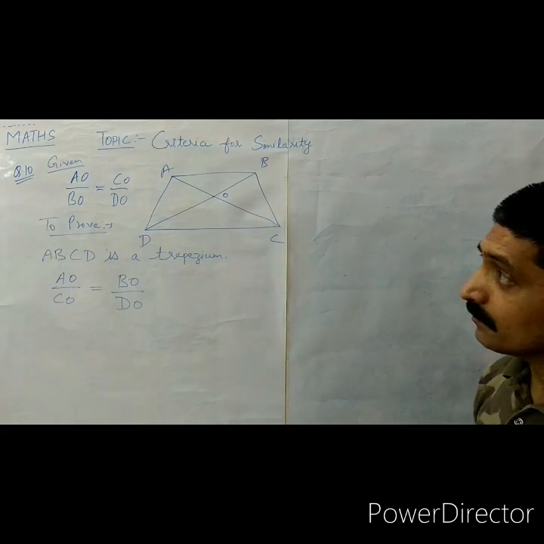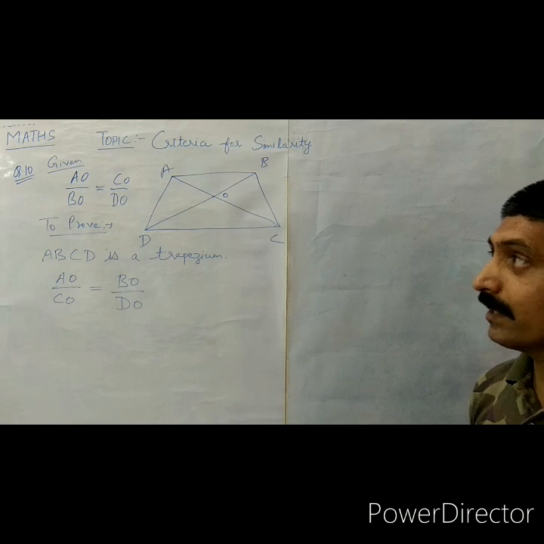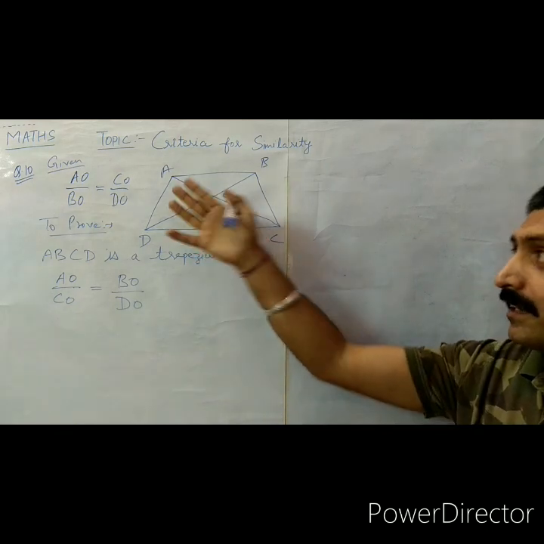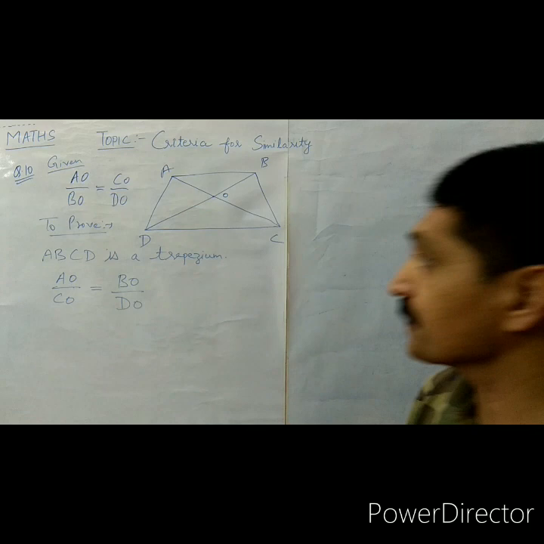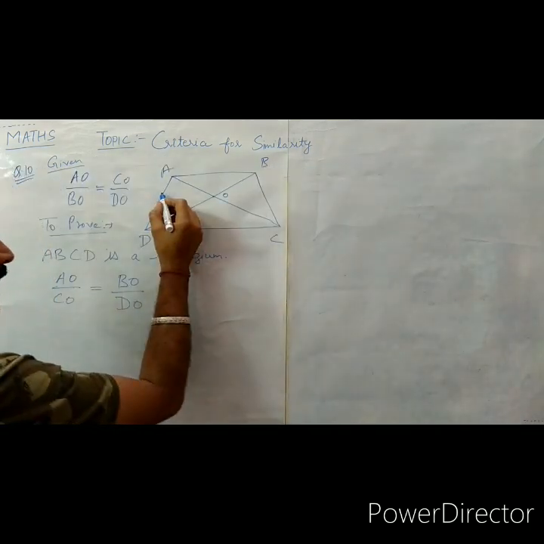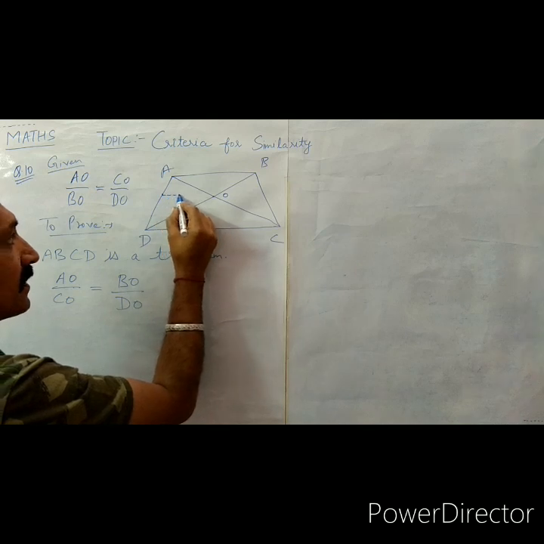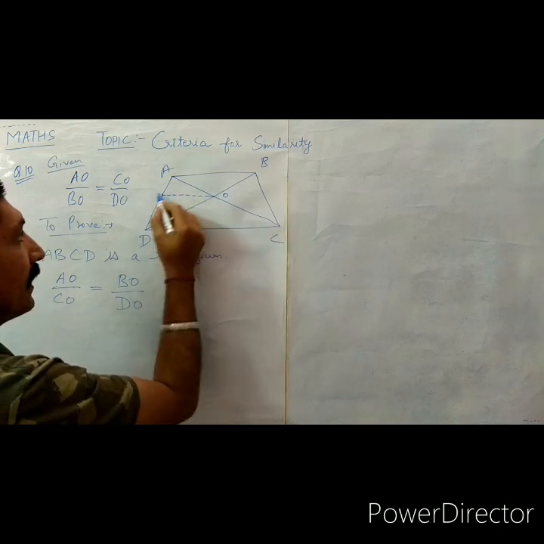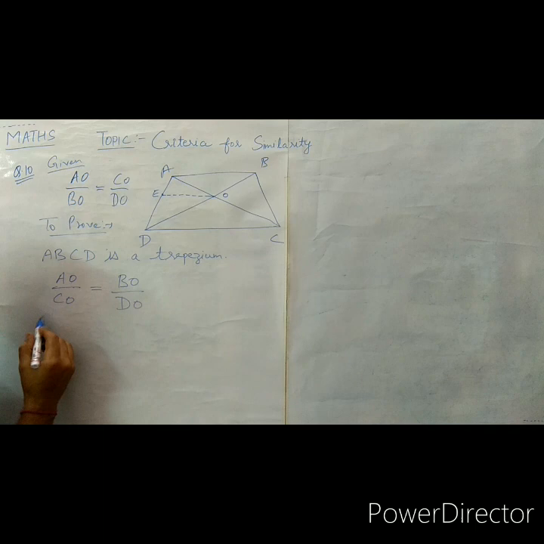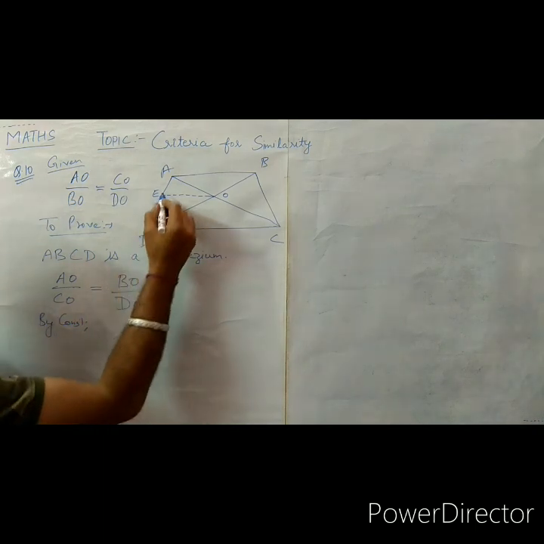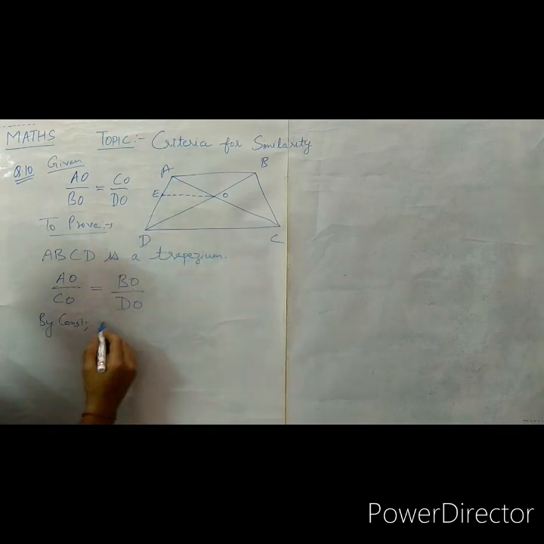Now by construction we can solve it in another way also, but here with the help of construction, let E be a point on AD such that EO is parallel to DC.